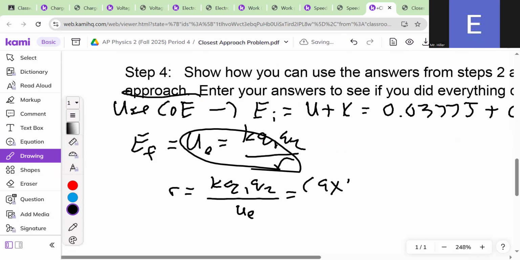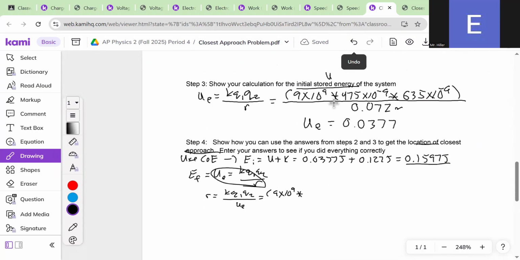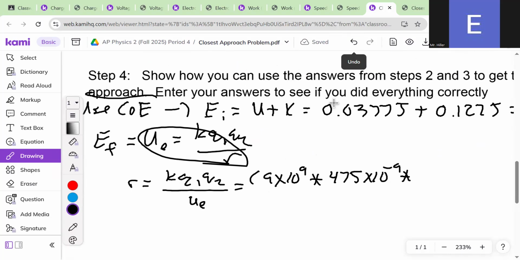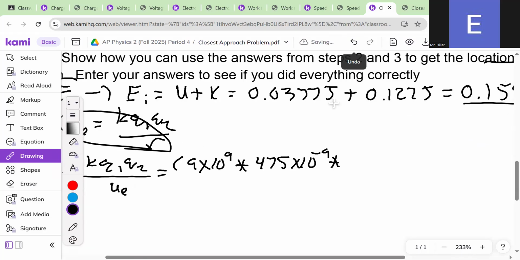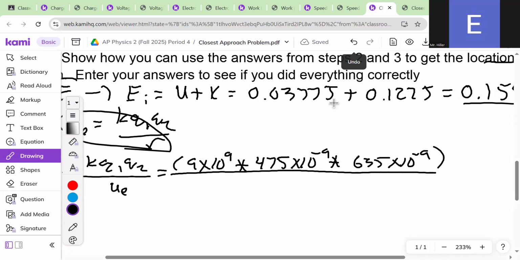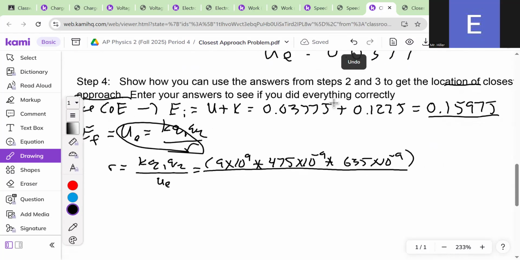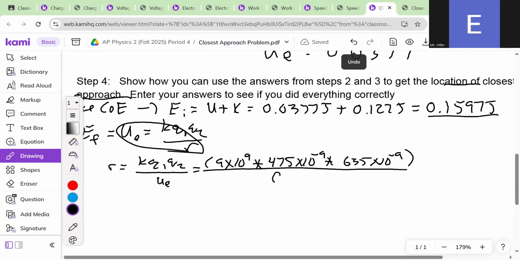So we're going to go 9E9 times 475 times 10 negative 9 times 635 times 10 negative 9, all over our potential energy, which we just found to be the same as our total energy initially, which was 0.1597 joules.